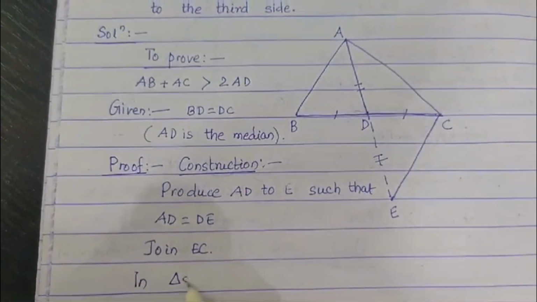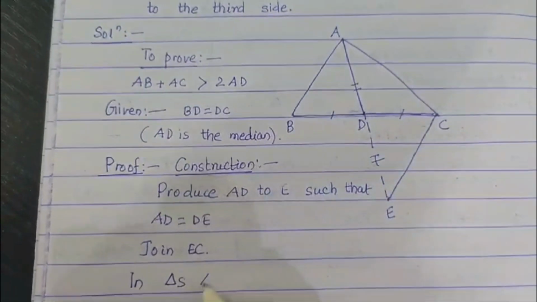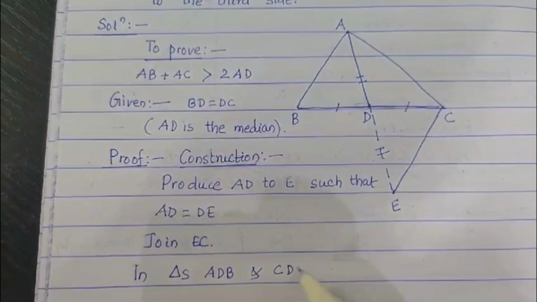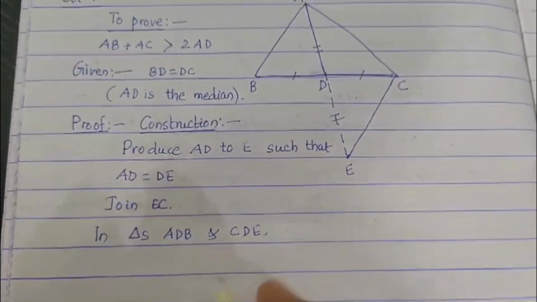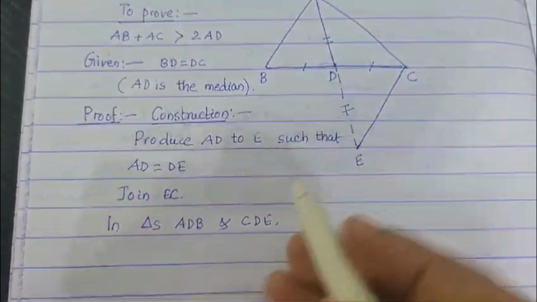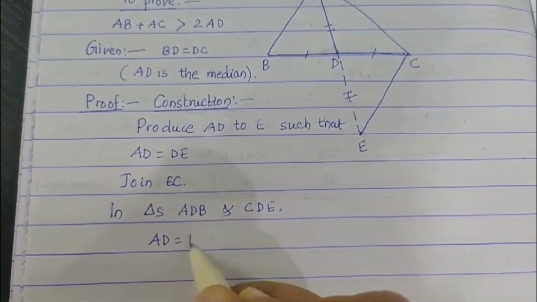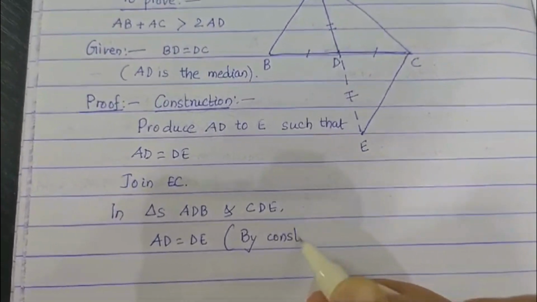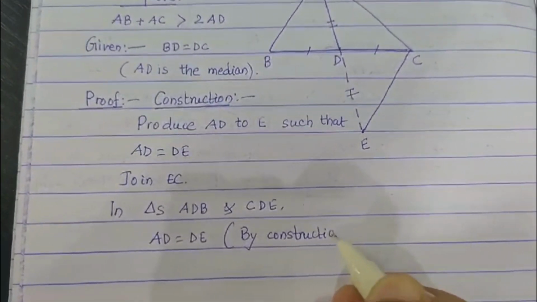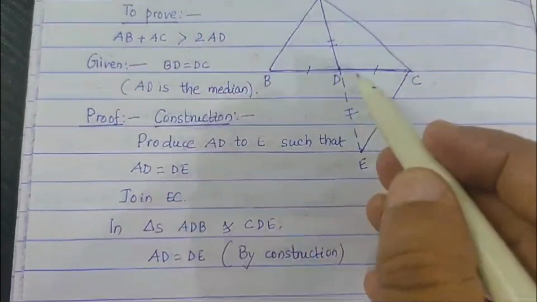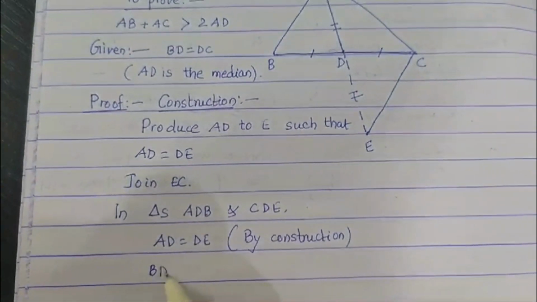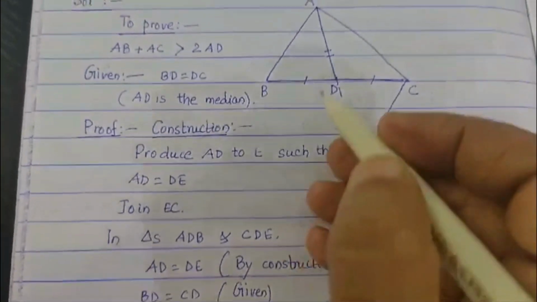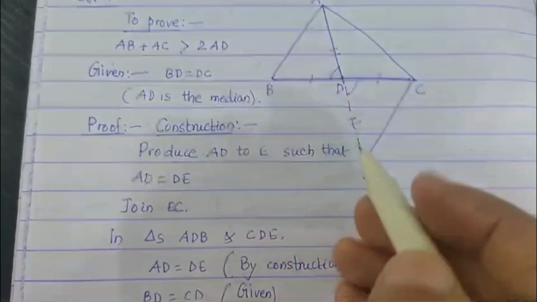Now in triangles ADB and CDE, what do we have? AD equal to DE by construction. Also BD equal to CD, this is given, property of median. Now this angle will be equal to this angle, these are vertically opposite angles.